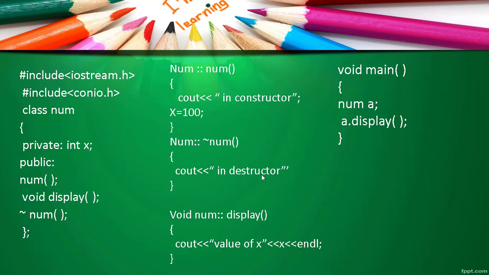That is, when we come to a destructor, it will deallocate the memory that has been allocated by the constructor. So this is how a destructor works. A destructor is also a special member function which has the same name as the class name or the constructor name. It is used mainly to destroy, and to deallocate the memory that was allocated by the constructor.